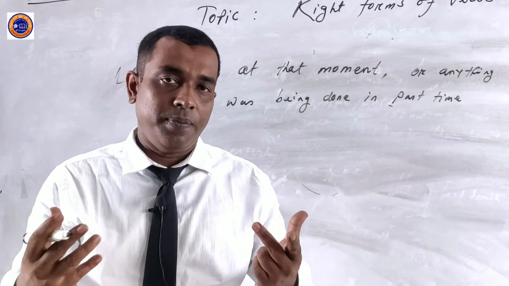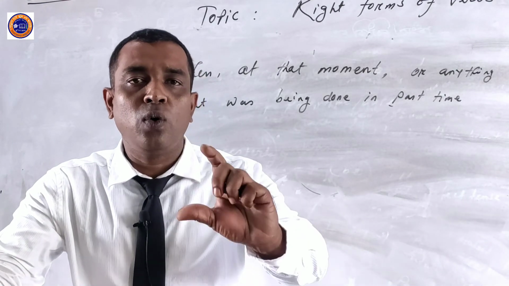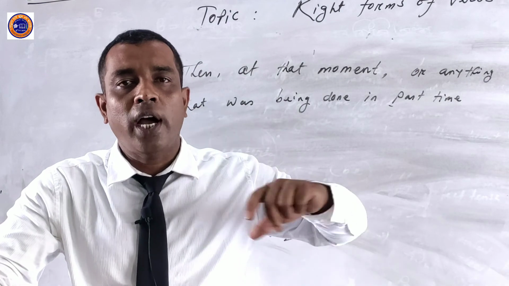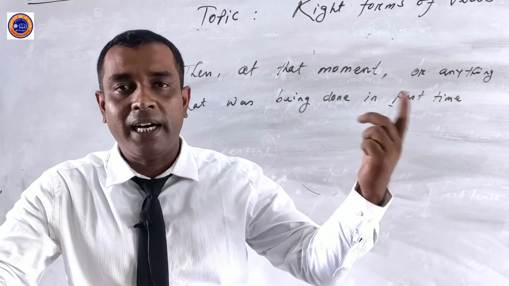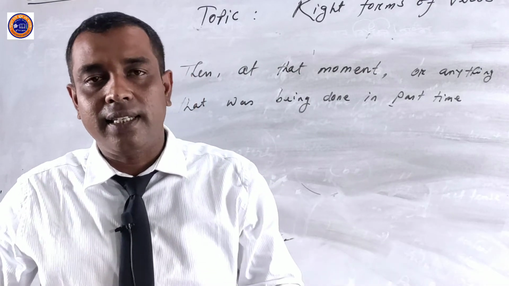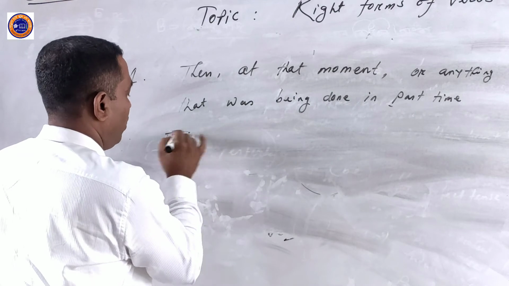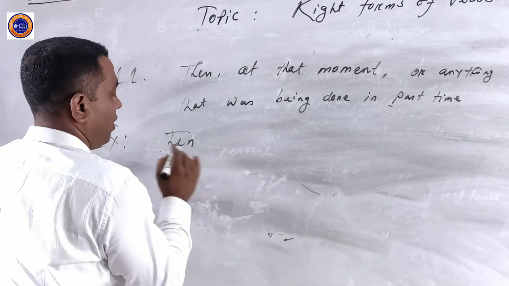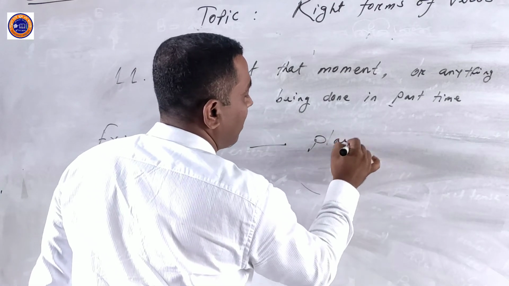I am going to repeat it. If the sentence indicates that something was going to happen or something was being done for a period of time in the past, you must understand that the sentence will be past continuous. I am going to give you an example. Then I dash play in the field.